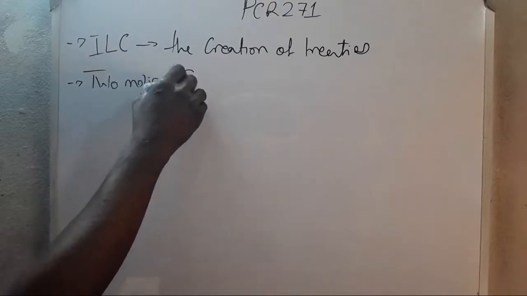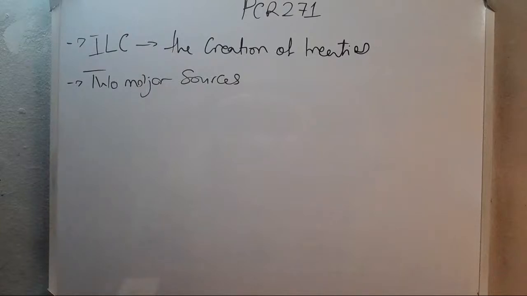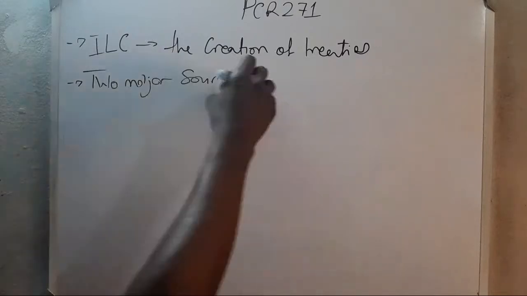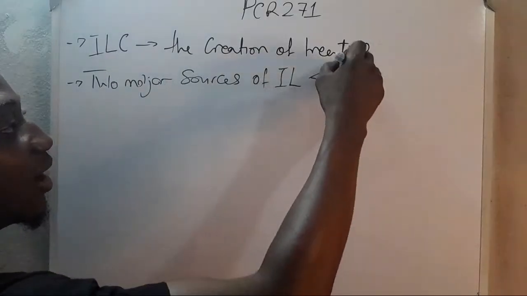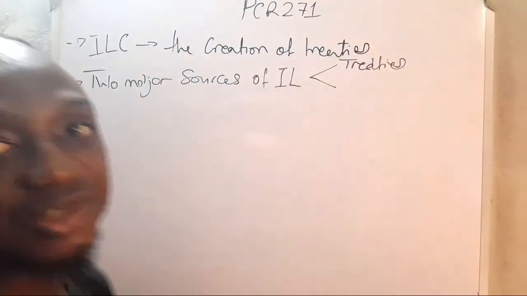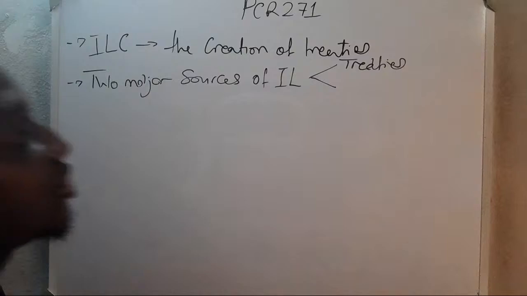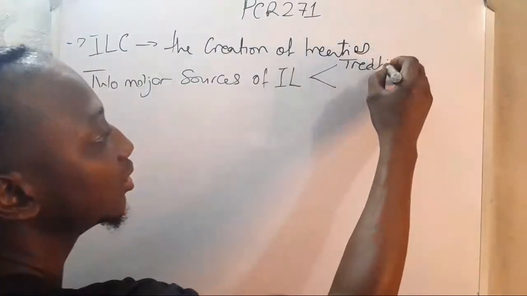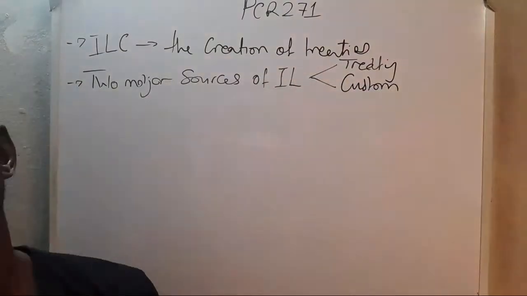Two major sources of international law. They are treaty and custom.